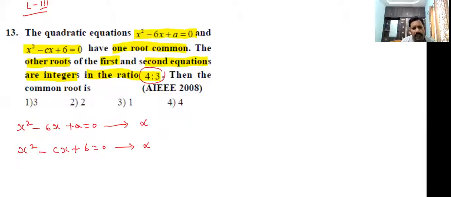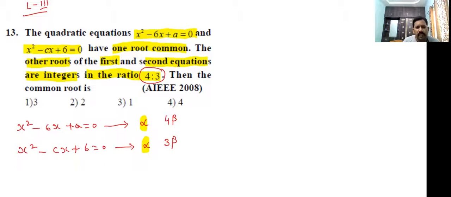Then the other roots are in the ratio 4 is to 3. That means this is 4 beta and this is 3 beta. Here alpha is the common root. The other roots of both the first and second quadratic equations are in the ratio 4 is to 3. That's why I have taken 4 beta, 3 beta.